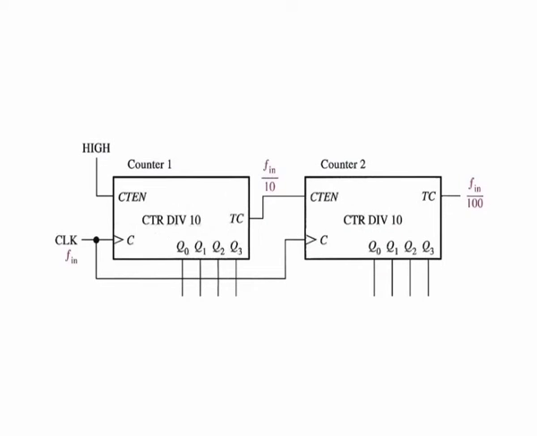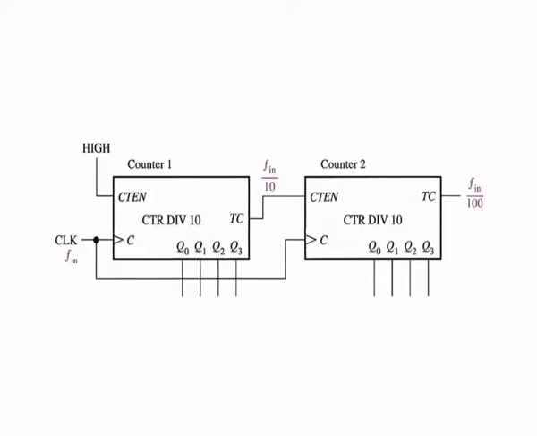The figure here shows two decade counters connected in cascade. The terminal count output of counter 1 is connected to the count enable input of counter 2. Counter 2 is inhibited by the low on its count enable input until counter 1 reaches its last or terminal state and its terminal count output goes high.